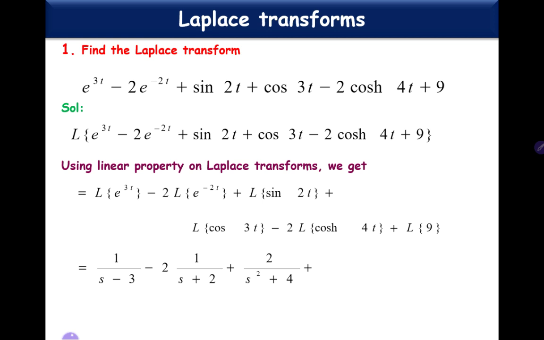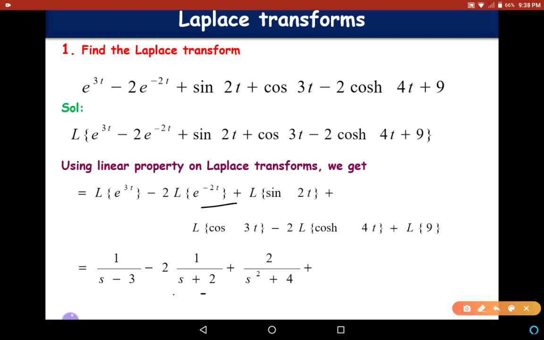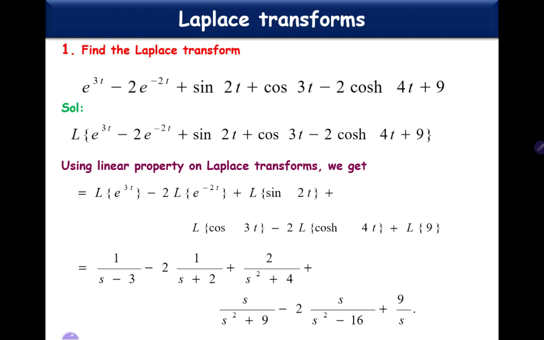So 1 by s minus 3 minus 2 times Laplace transform of e power minus 2t is 1 by s plus 2, plus Laplace transform of sin 2t is 2 by s square plus 2 square, that is s square plus 4, plus Laplace transform of cos 3t is s by s square plus 3 square, that is s by s square plus 9, minus 2 times L of cosh 4t is s by s square minus 4 square, that is s by s square minus 16, plus L of 9 is 9 by s because L of k is k by s. So this is Laplace transform of the given function.